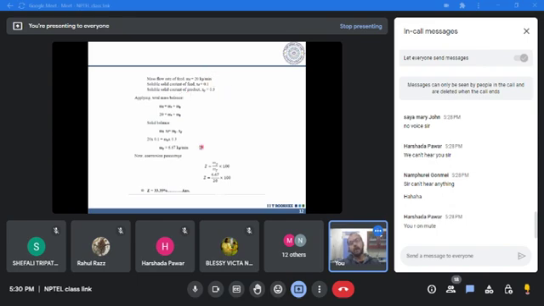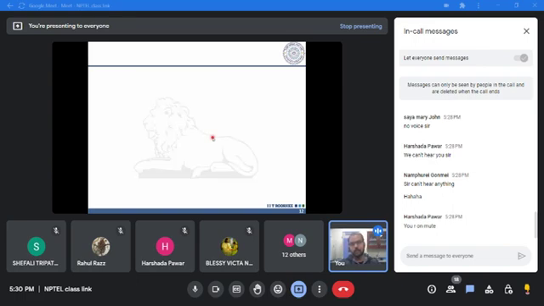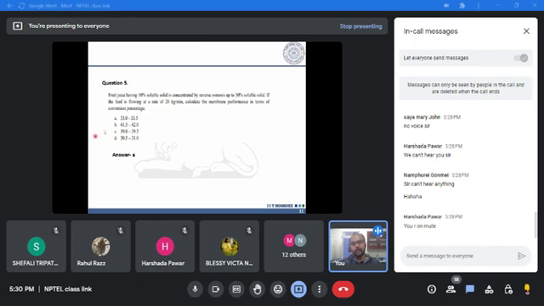So how much percentage of this 20 kg? You just need to calculate the percentage, what percentage the conversion rate is. So you got it. The answer is A, 33 to 33.5.